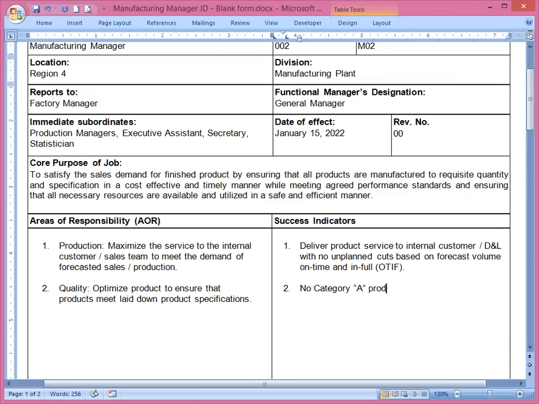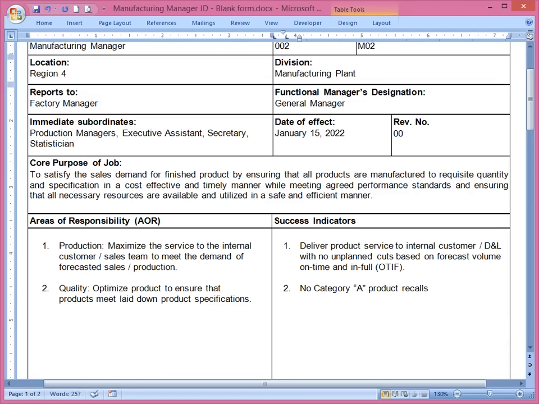Meaning there shouldn't be product recalls from the market, like from the supermarket. That's why it's very important that all the finished products have sampling and are tested in the laboratory before releasing, so we are sure that there is no contamination and no violation, no non-compliance of the standard, especially quality.